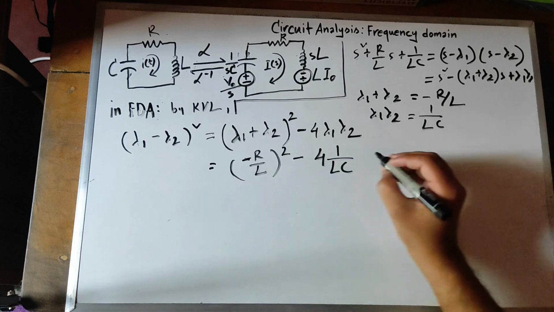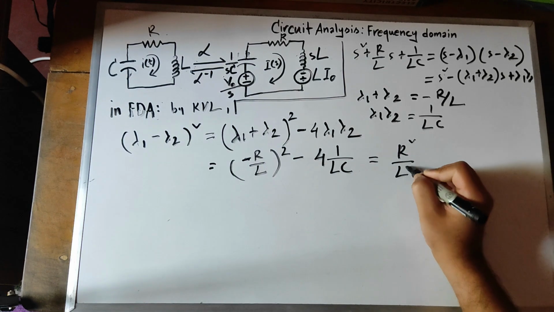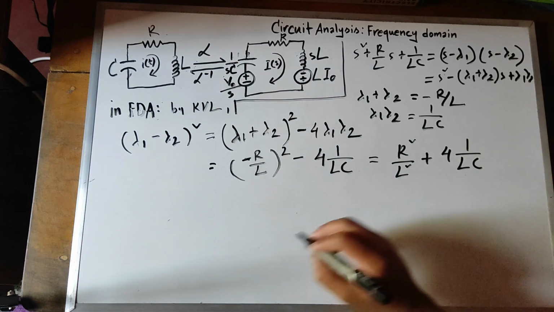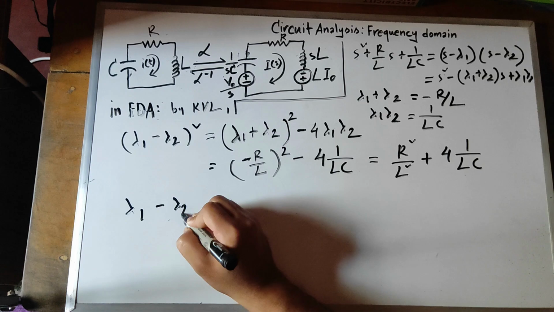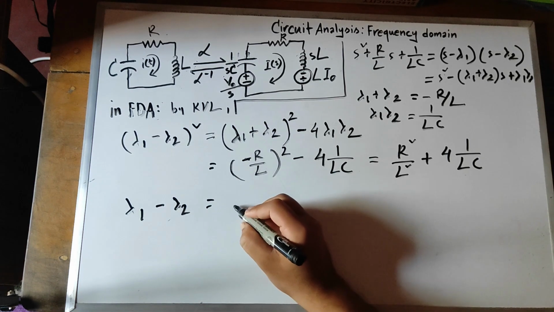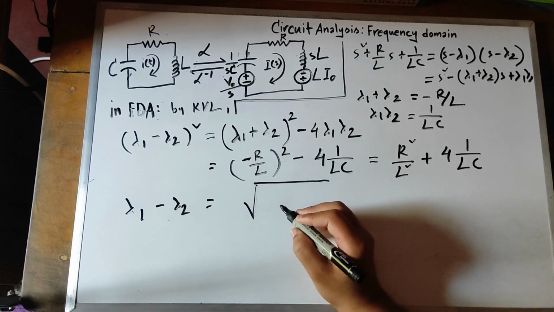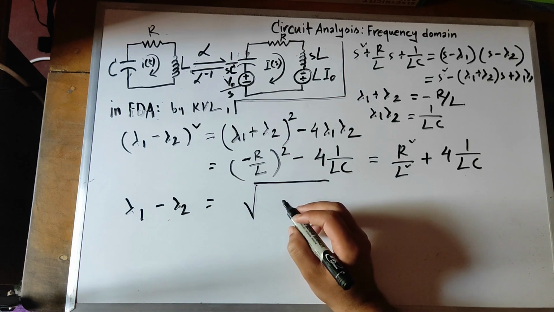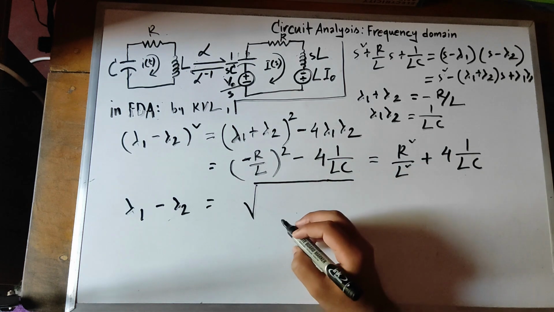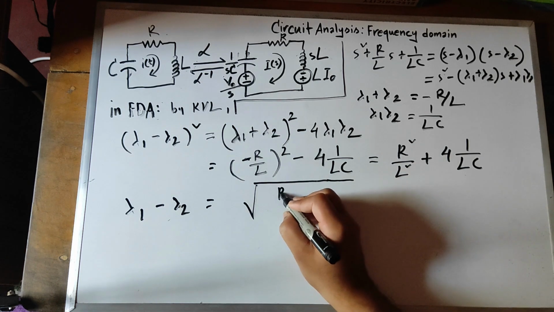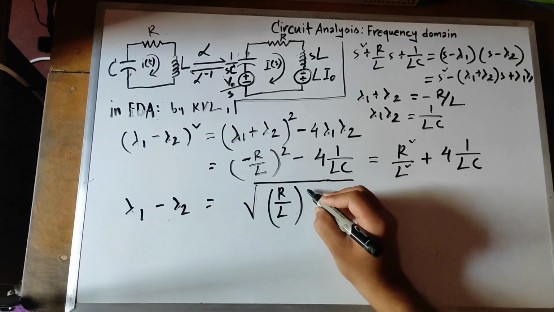Now it will look like R squared by L squared, and thus lambda 1 minus lambda 2 is root over R by L whole square.